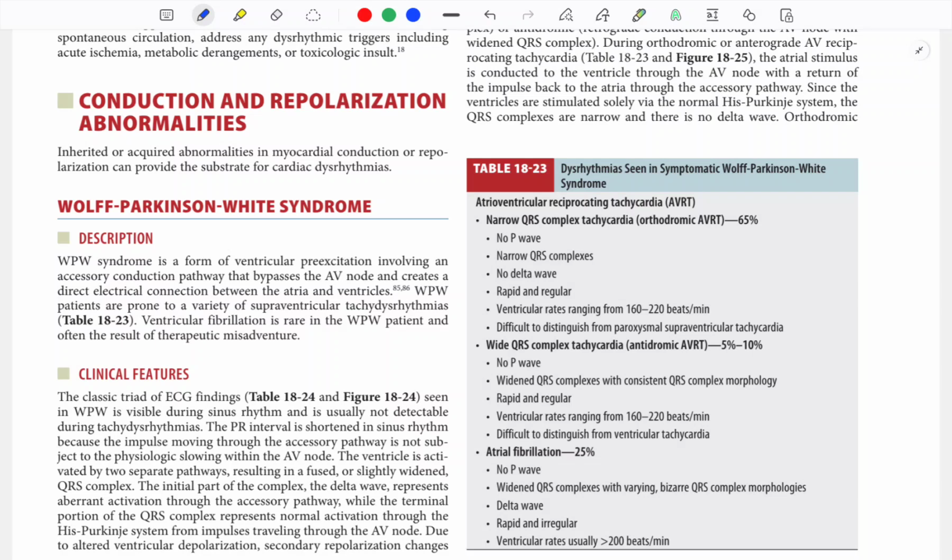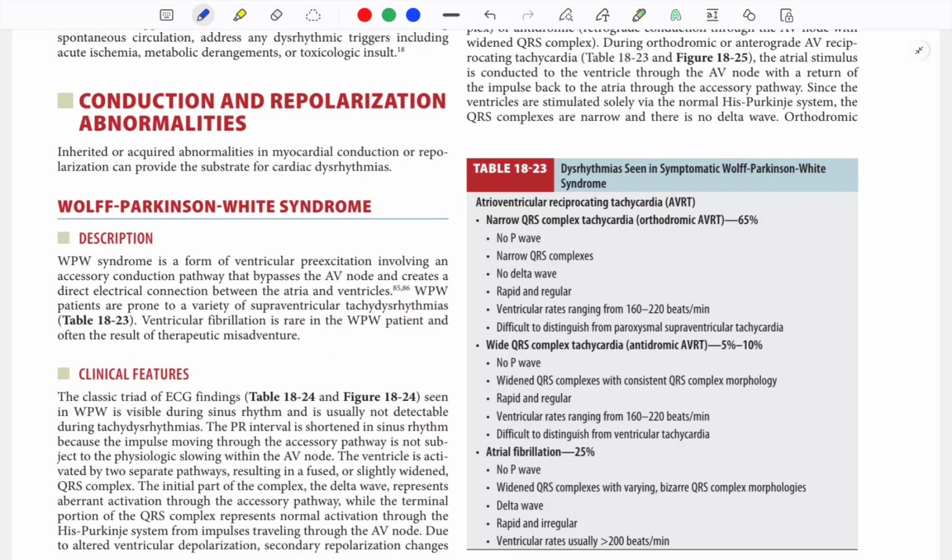So WPW patients are prone to a variety of SVTs. The PR interval is shortened and the ventricle is activated by two separate pathways, resulting in a fused or slightly widened QRS complex. So what you will see is a short PR interval, a delta wave, which is the slurring of the QRS, and a slightly wide QRS.